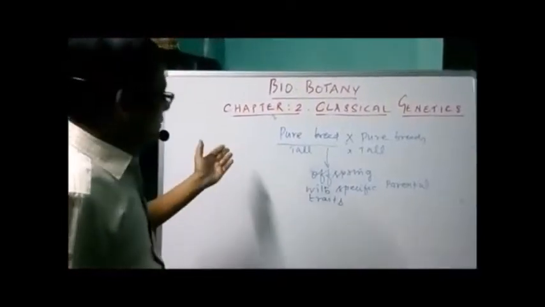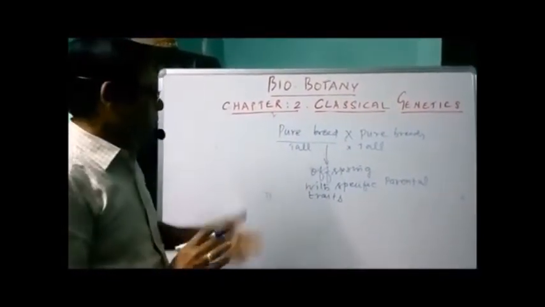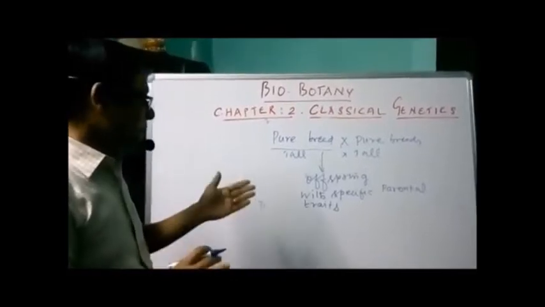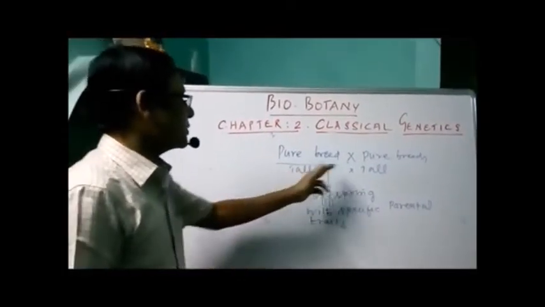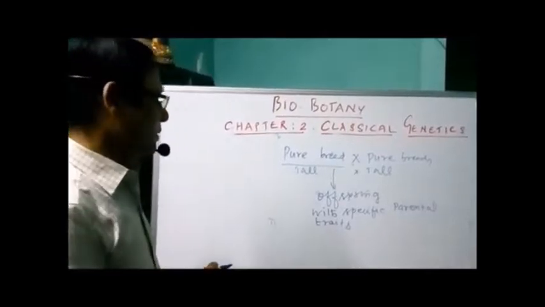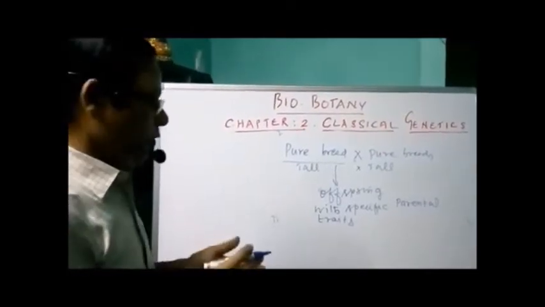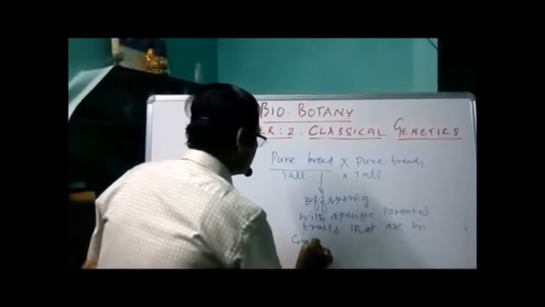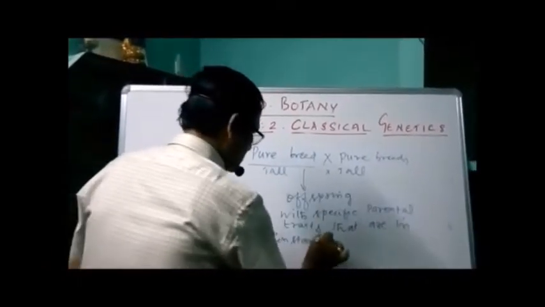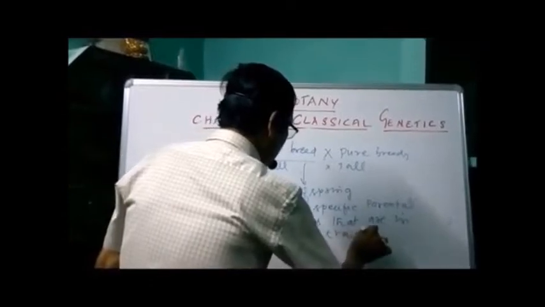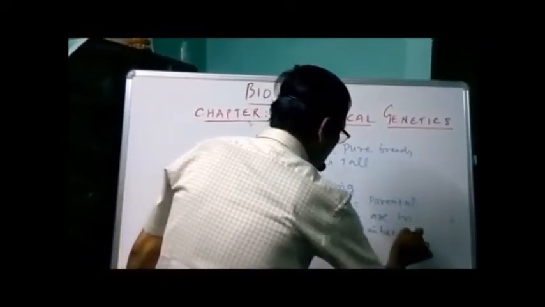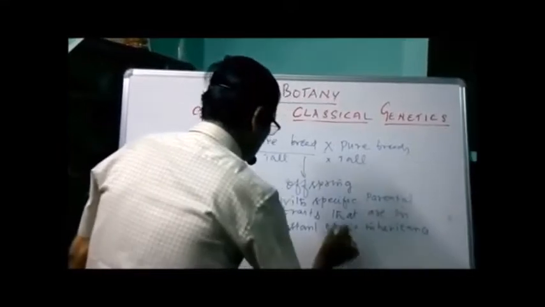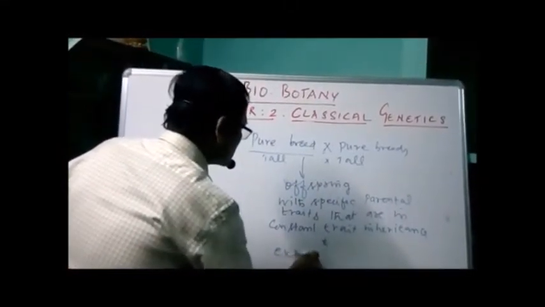The mating of pure breeds results in offspring, the progeny, with the same specific parental traits, that is tall and tall, the same trait appears, with constant trait inheritance and expression for many generations.